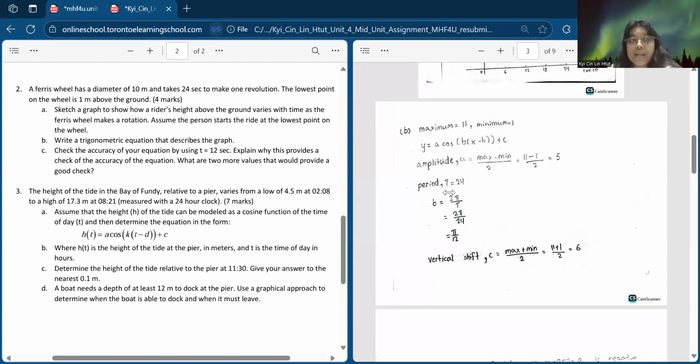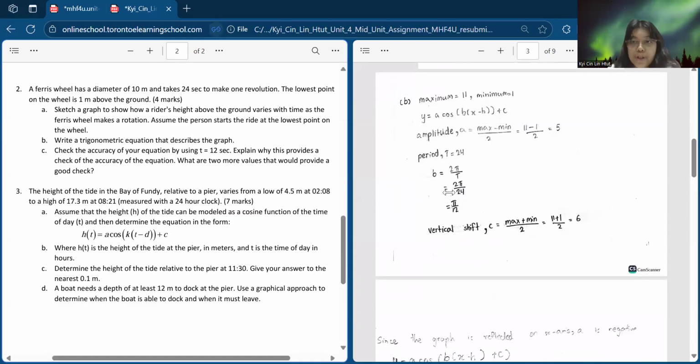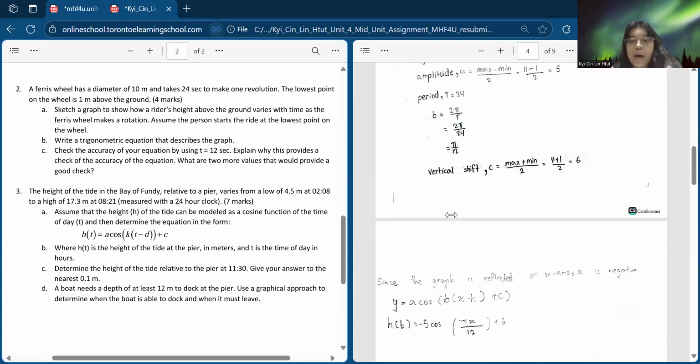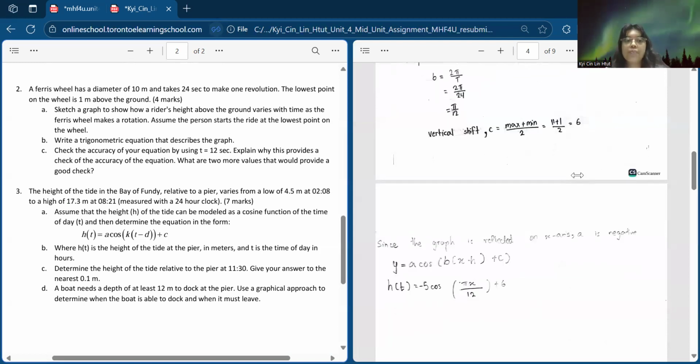Period, it takes 24 seconds to make 1 revolution, which means it takes 24 seconds before the cycle begins again, which is why I chose period equal to 24. From the period, we can calculate b, and we get the result for b. And the vertical shift, which is c, or we call this the midline, is maximum plus minimum divided by 2, so we get 6.